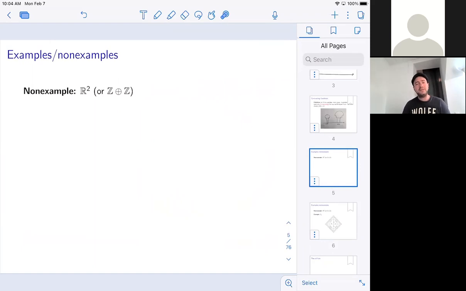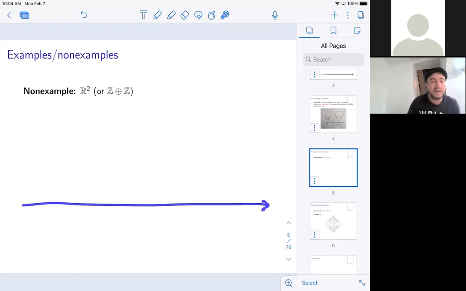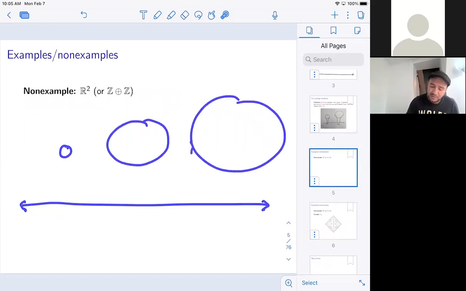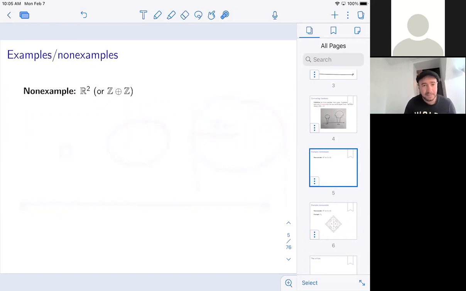If you're thinking of something like R2 or Z^d, you won't see any such contracting geodesic rays because there aren't any. If you take a ray or a line in R2 and take larger and larger balls, the projection of these balls is going to be twice their diameter, and that's not bounded by any constant.